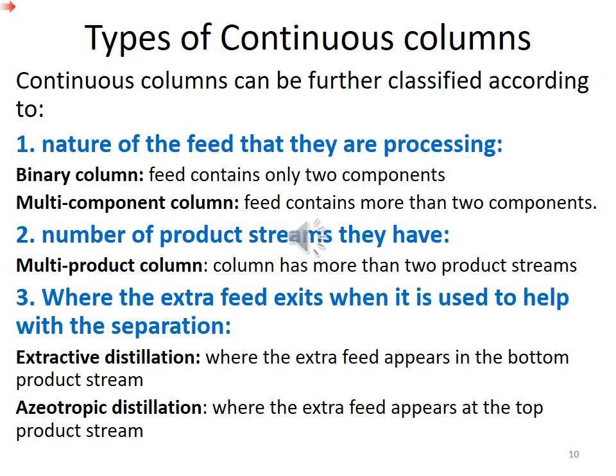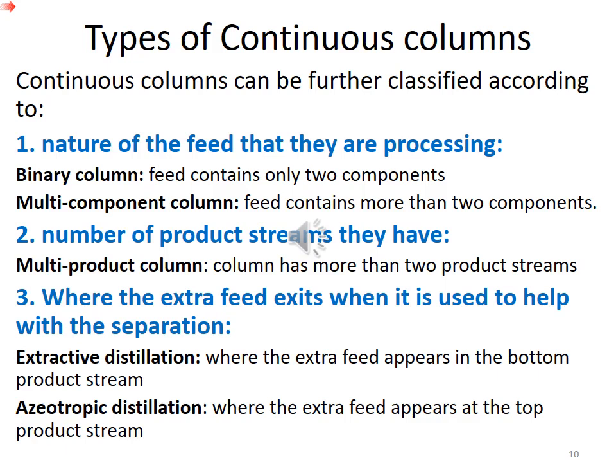And the second parameter which is important to classify the continuous column is the number of product streams they have. How many products are being produced by the column? If the column is producing more than two products, then the continuous column will be named as multiple product column.